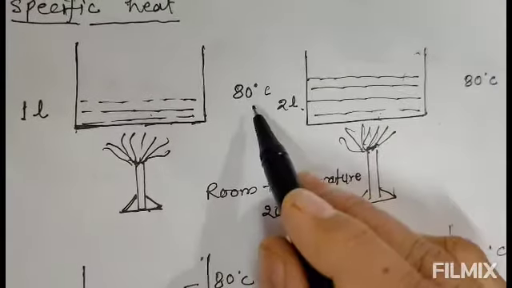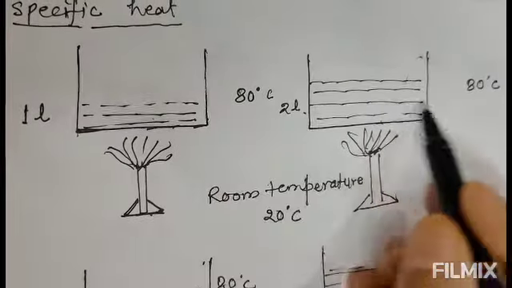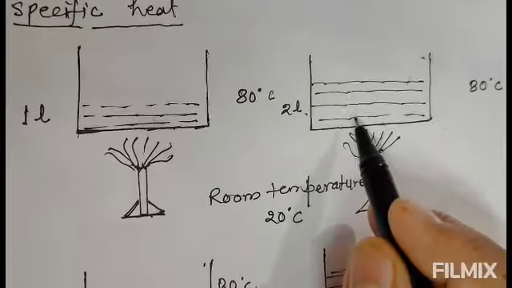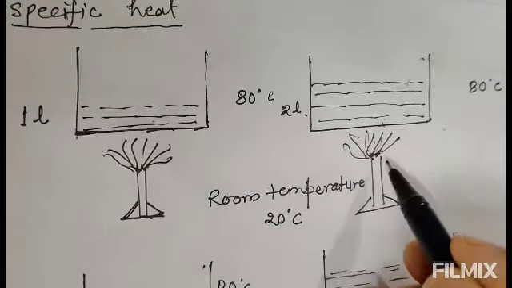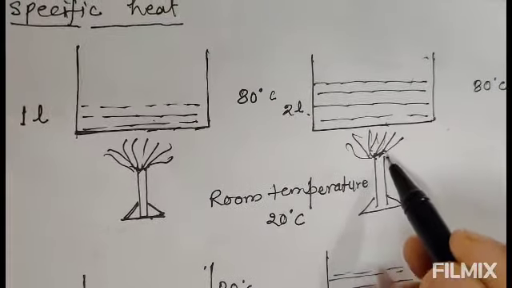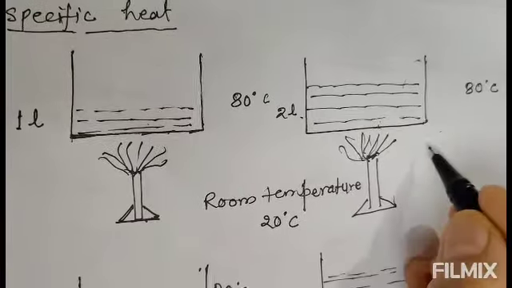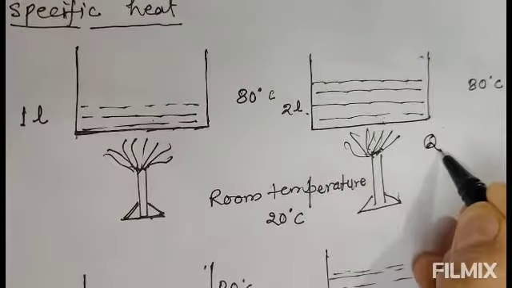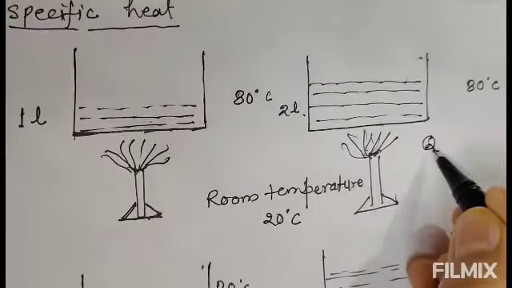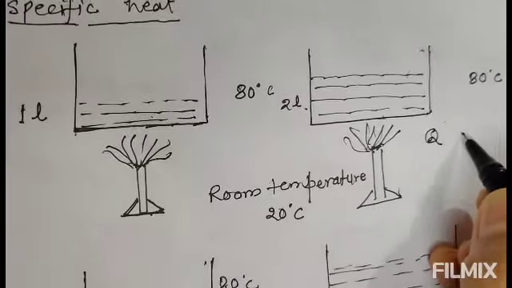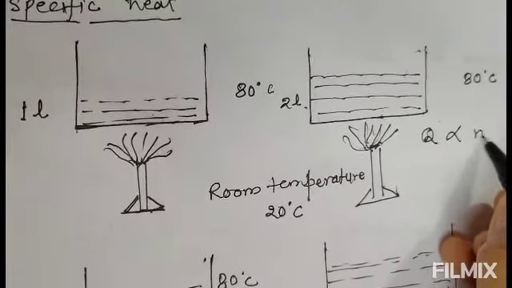That means to make both containers 80 degrees Celsius, we have to supply more heat in the second container. That means you can conclude here that Q, the heat supplied, is directly proportional to the mass of the substance.